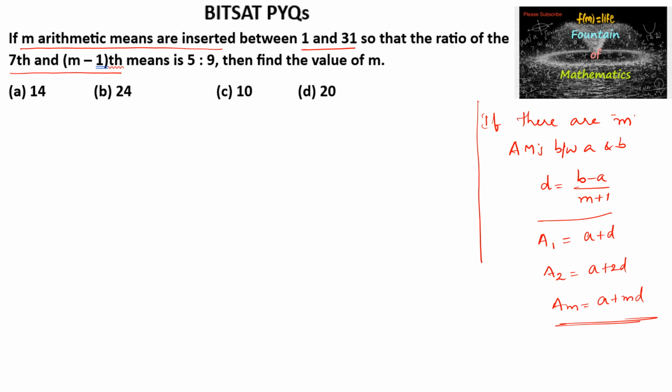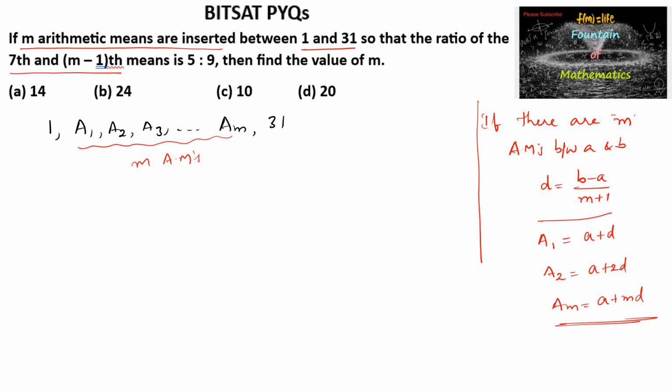Here, given between 1 and 31, let us write 1, a1, a2, a3, and so on up to am, 31, so that these are m arithmetic means.